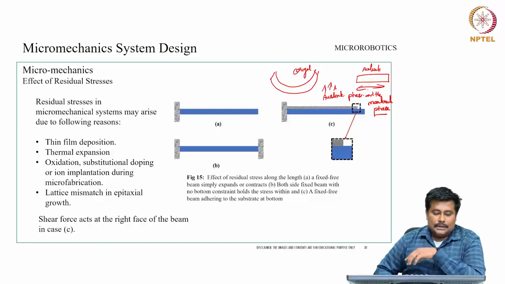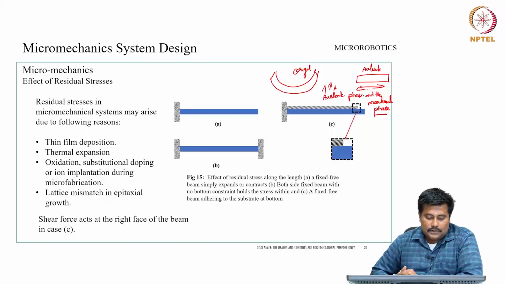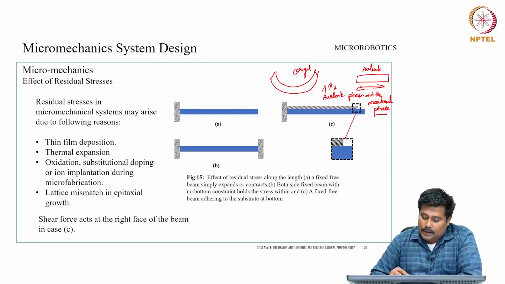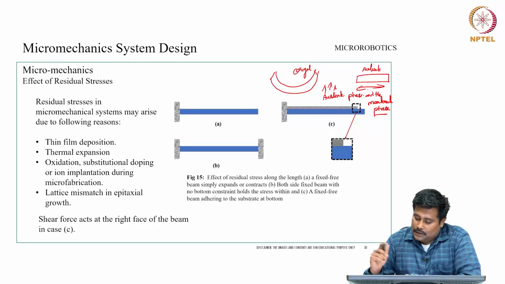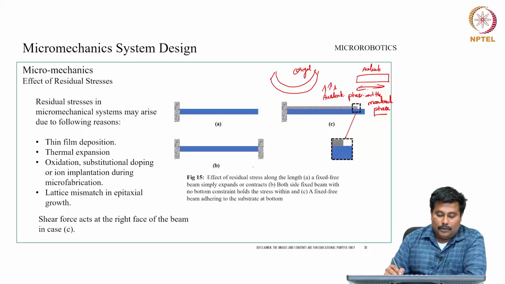Now, as far as residual stress is concerned, let us look into the effect of residual stress along the beam. Consider a fixed free beam that simply expands and contracts, and a both side fixed beam with no bottom constraint, which holds the stress within. Similarly, here a fixed free beam is adhering to the substrate at the bottom.